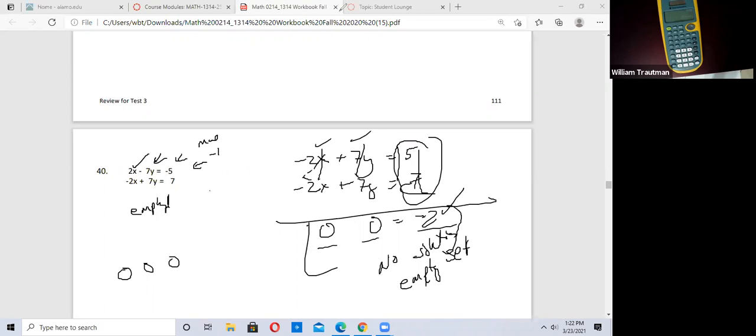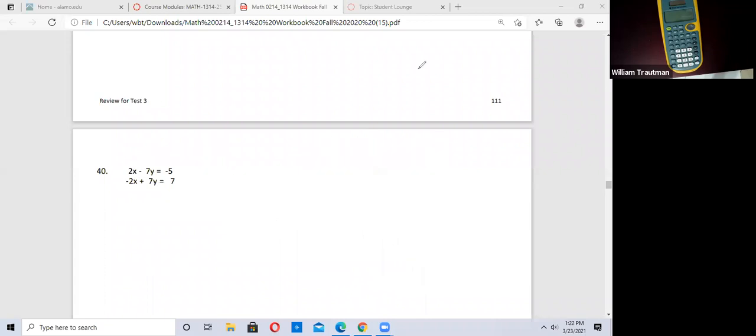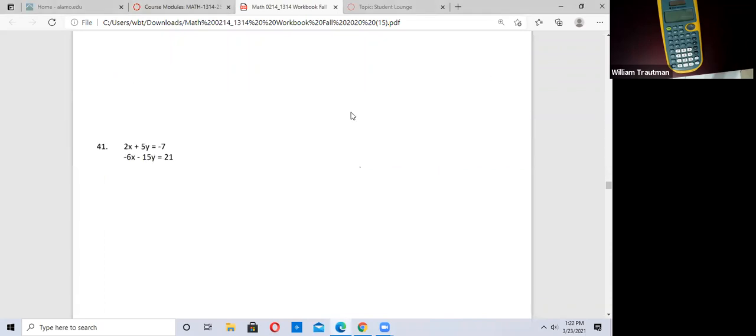However, 41, because they all look exactly the same when you multiply it by a number, you just multiply this by 3, multiply this by 3, multiply this by 3, or negative 3. Once you multiply every item by negative 3, they look the same, so there are many solutions. Many solutions if you get 0, 0, 0; no solution, or the empty set, if you get 0, 0, and a number.